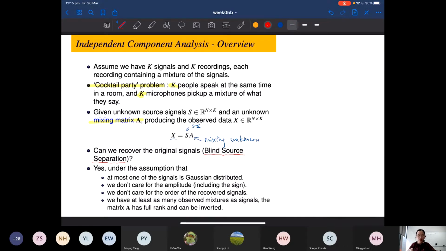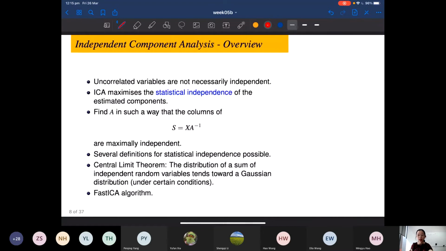And if we just want to recover the source and the mixing component, but don't care about the amplitude of the source or even the sign of the source, and we don't care about the order of the recovered signals, basically the same symmetry and permutation argument we've seen. Right, so the matrix A is at least rank K and can be inverted, assuming it's exactly K by K.